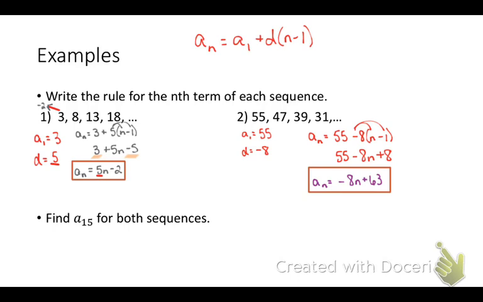Okay. Now, anytime it asks for a certain value, so it says find a sub 15 for both sequences, all I'm going to do is take that 15. So a sub 15 is just 5 times 15 minus 2. 5 times 15 is 75. 75 minus 2 is 73.